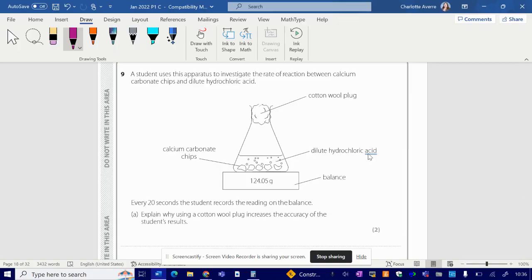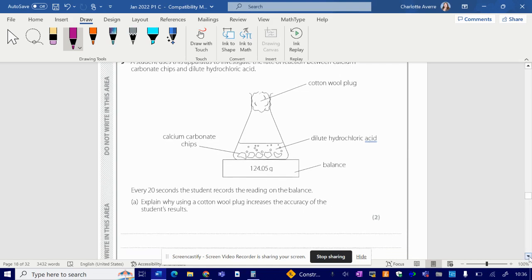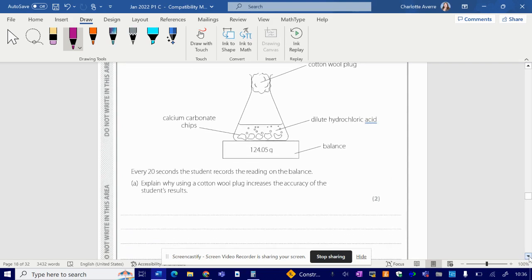9. A student uses the separators to investigate the rate of reaction between calcium carbonate chips and dilute hydrochloric acid. They're reading the balance every 20 seconds. Explain why using a cotton wool plug increases the accuracy of the student's results.